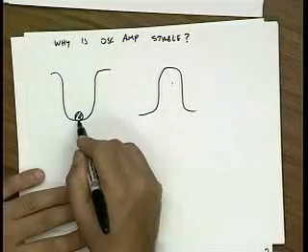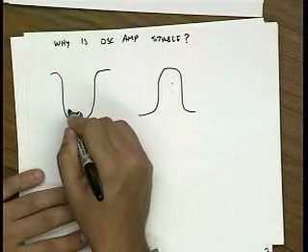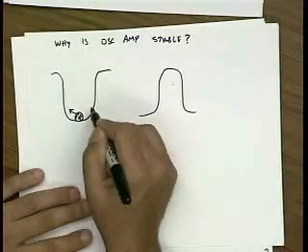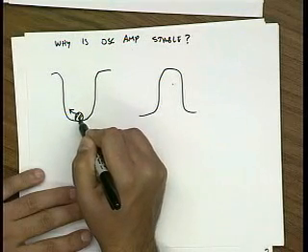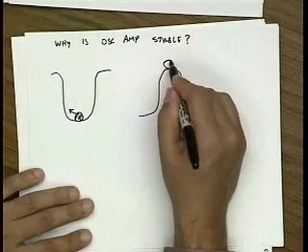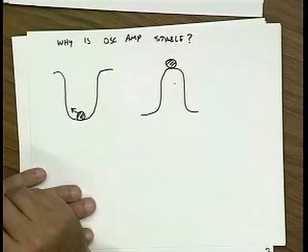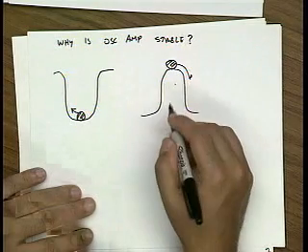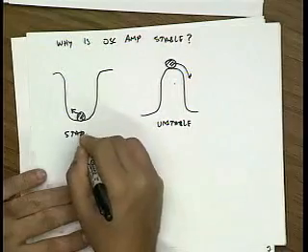If I put this ball at the bottom of this bowl and I basically try to move it, if I give it a little force, I know it'll oscillate back and forth, but because there's loss in the system, it'll decay back to this point. On the other hand, if I put, let's say, a marble ball on the top of a hill like this, and I just push it a little bit, it's going to roll down the hill, right? So this is an unstable system, and this is a stable system.